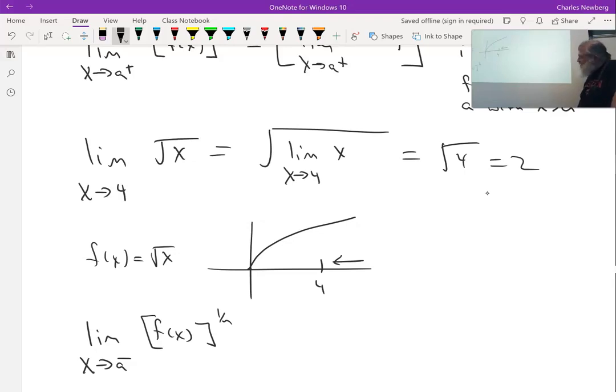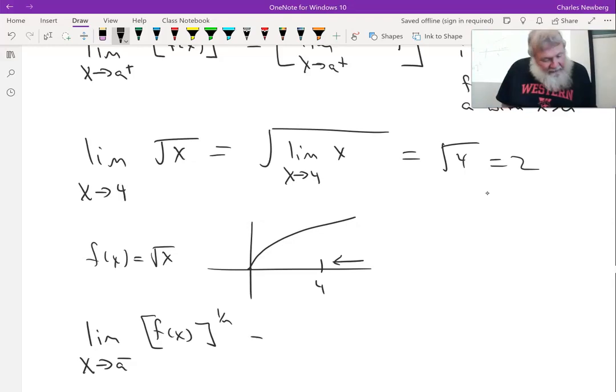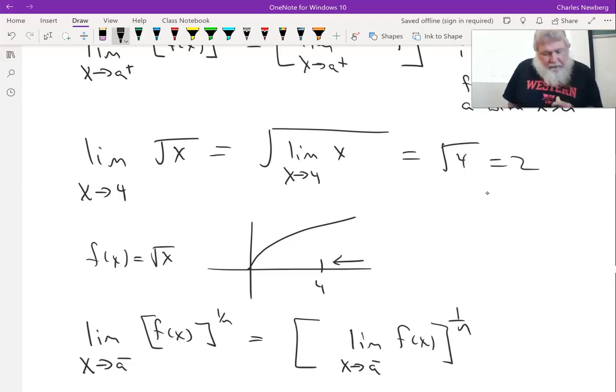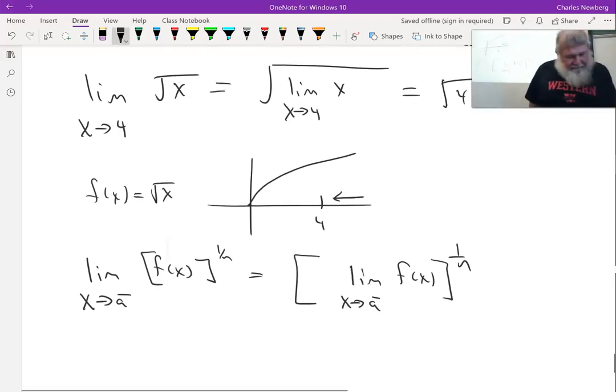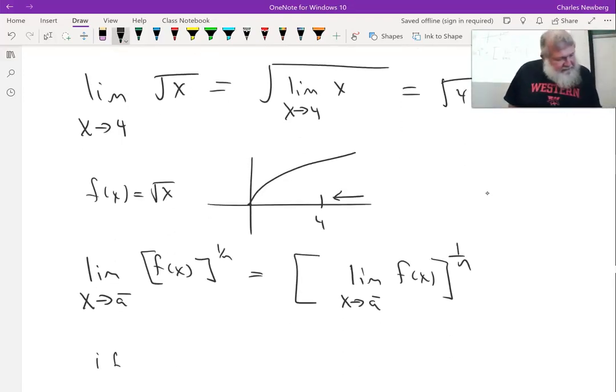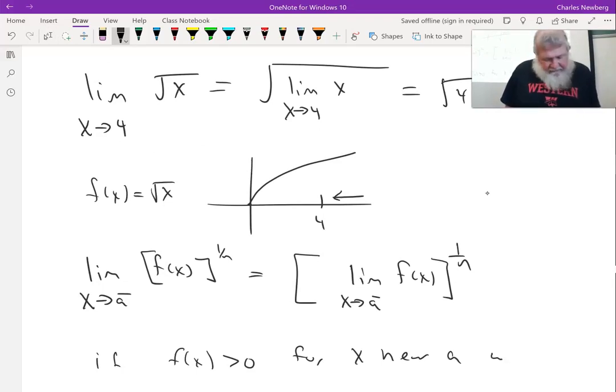All right. Well, we can also bring out that radical. And what's going to happen there as well? Well, we're going to have a few conditions. And the condition is f of x is greater than 0 for x near a with x less than a.